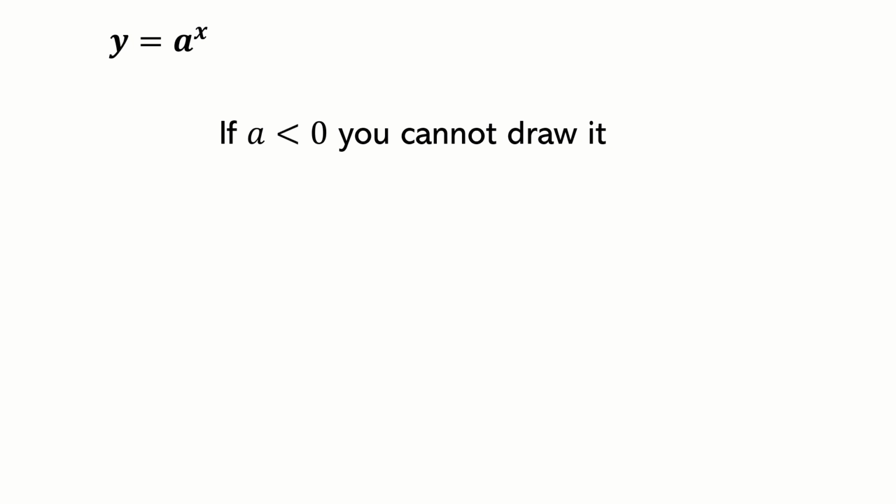But then also, you can't take negative numbers to fractional or decimal powers if you want to get a real number as an output, which is therefore something you're able to draw. So that's why you can't even draw the graph if a is less than 0.